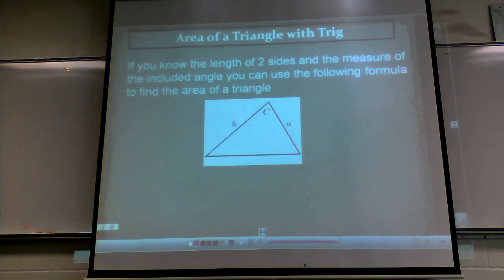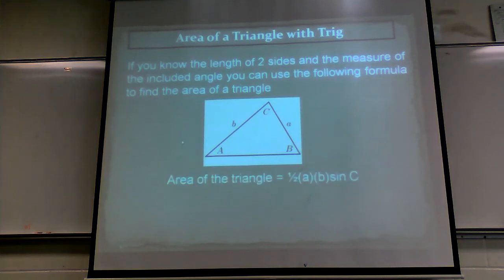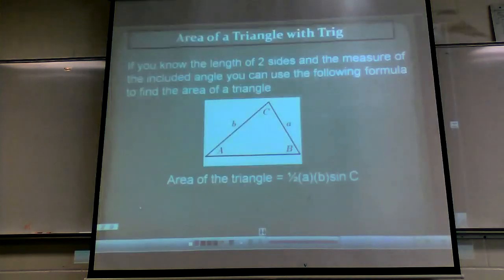Essentially, if you have this situation, instead of wasting the time drawing in the height, taking time to find it, using sine, cosine, tangent, whatever, you can simply use this formula right there, where the A, B, and C correspond to whatever's in that picture.